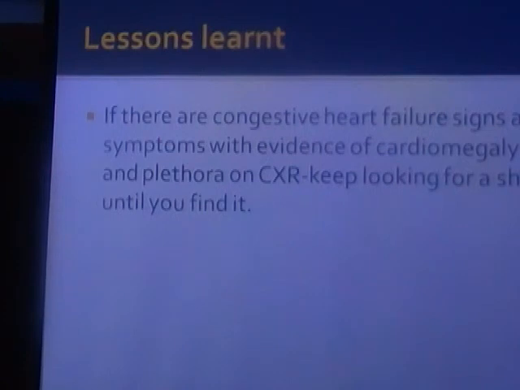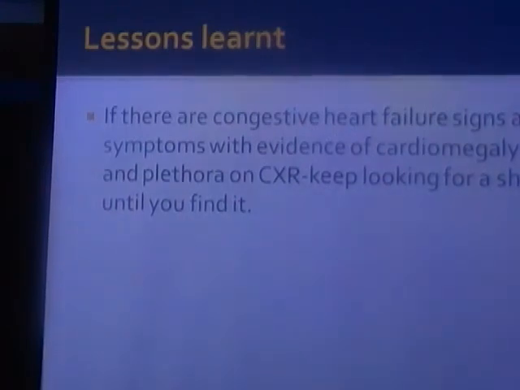The other thing we look for on echo is something called reversal of flow. So in the aorta, blood comes back from the descending aorta up and goes into the pulmonary artery. So there are clues. But I think the lesson is this, that if there are symptoms of heart failure, there's evidence of cardiomegaly and plethora, but the echo is saying there's no shunt, it's important to re-look, to get another opinion or another look, looking for a shunt until we find it.